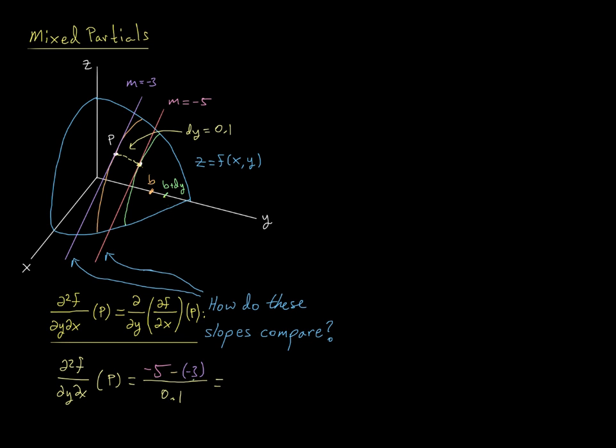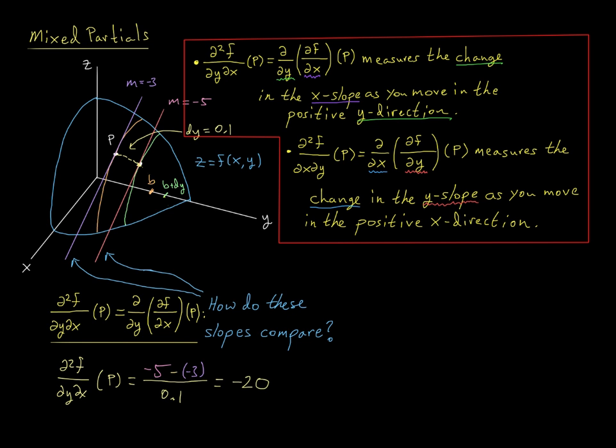So what is this? -5 plus 3, so that's -2. And then I'm dividing that by 0.1, so that's really going to multiply that by 10. So I'd get -20 there for the yx derivative. Okay, cool. So now let's make some conclusions here.